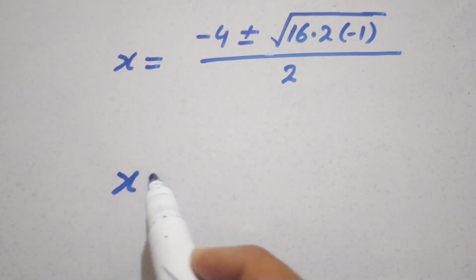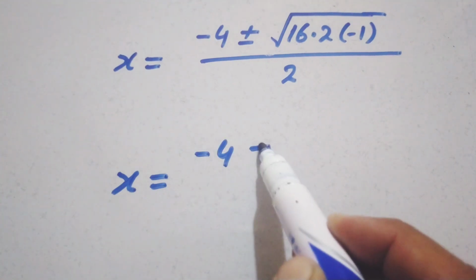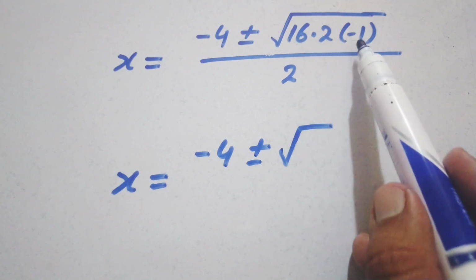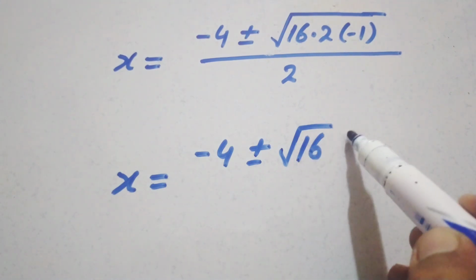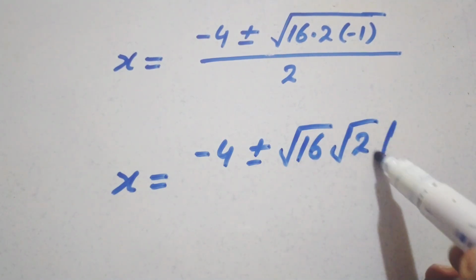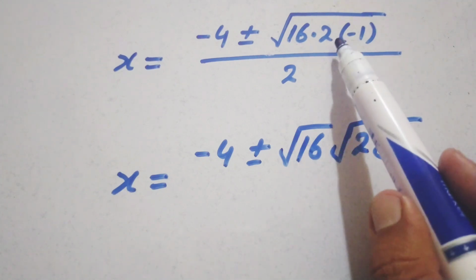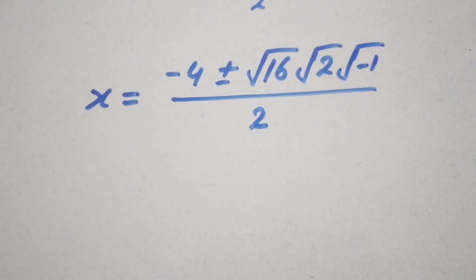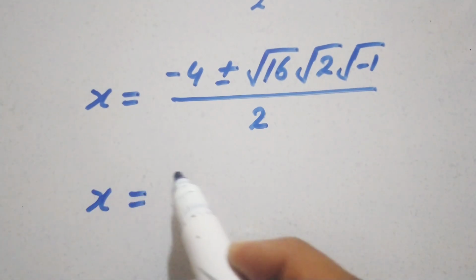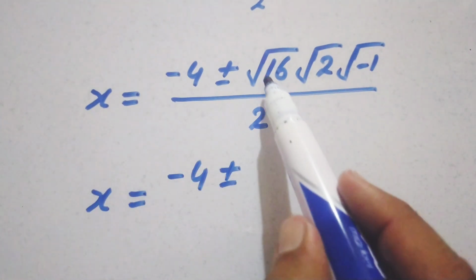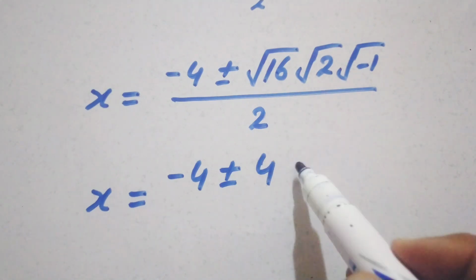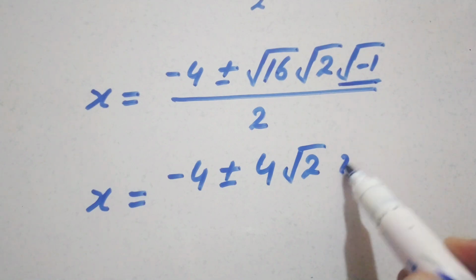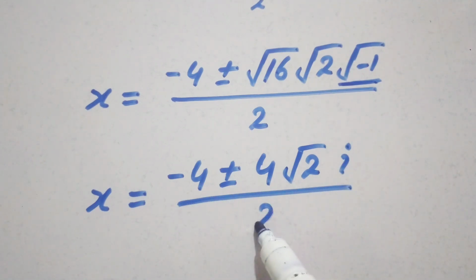Now x is equal to minus 4 plus minus square root of 16 into square root of 2 into square root of minus 1, divided by 2. Now x is equal to minus 4 plus minus square root of 16, which is 4, into square root 2, and square root of minus 1 is iota, divided by 2.